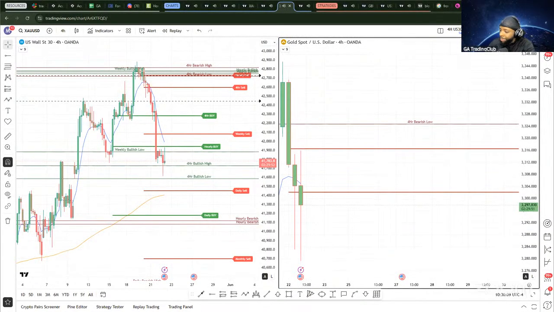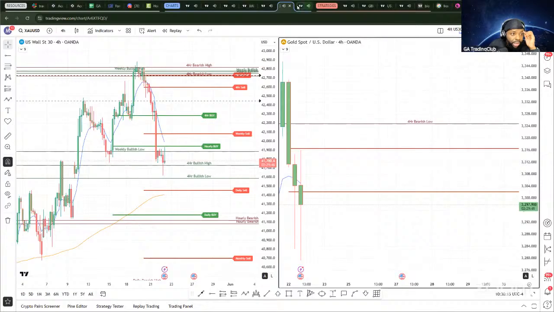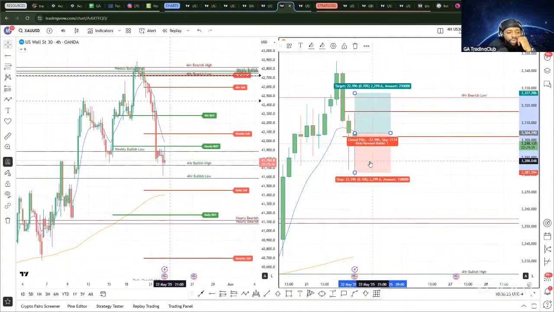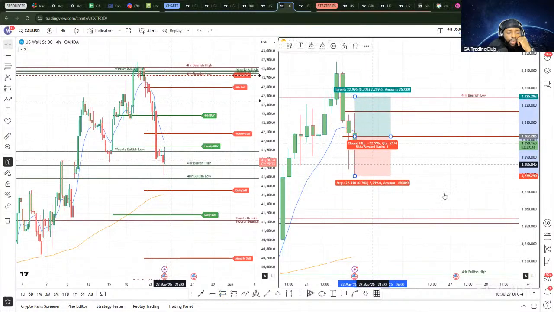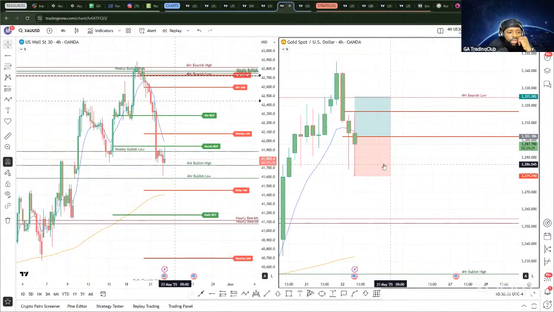Unfortunately, there was no entry. I literally haven't traded gold in maybe a month, but there was no entry for gold for me to even mark up for you guys. The only one is like this one that we had talked about for a $70 TP and stop loss right here. No, is it 70?